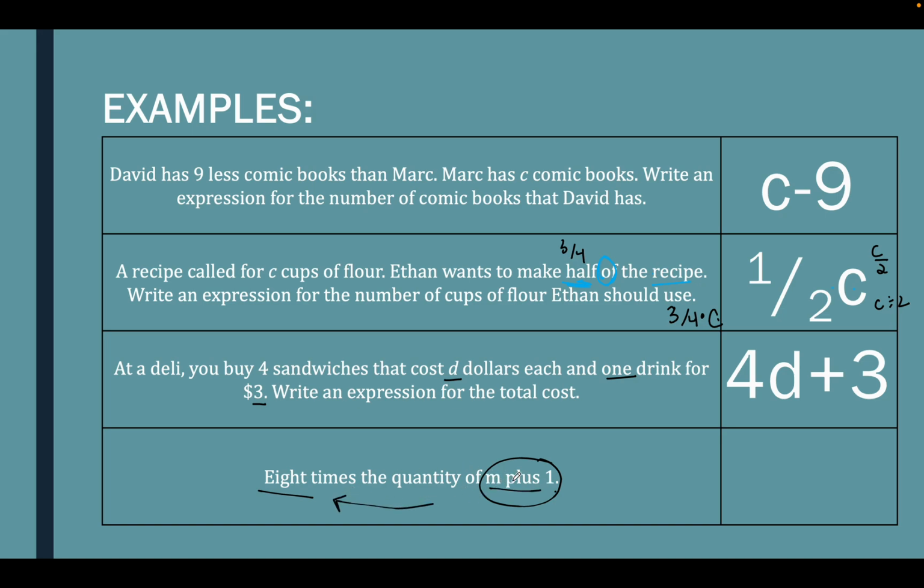But since this is M plus 1 and we can't solve it, we need to just leave it as M plus 1, but the way that we show that we want to do that first is by putting it in parentheses. So we want 8 times the quantity of M plus 1. We wanted to do this part first and then multiply it by 8. So that's where the parentheses come into play.